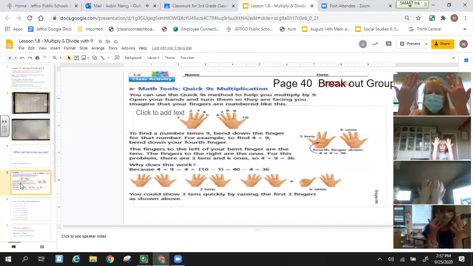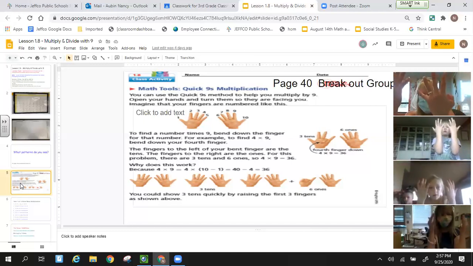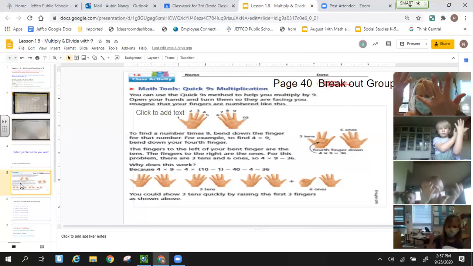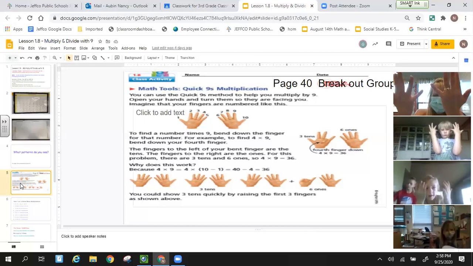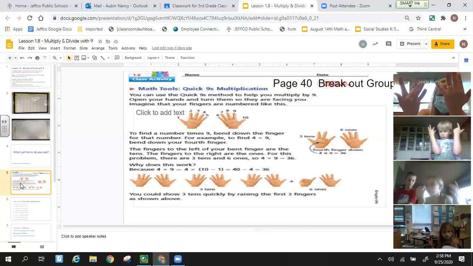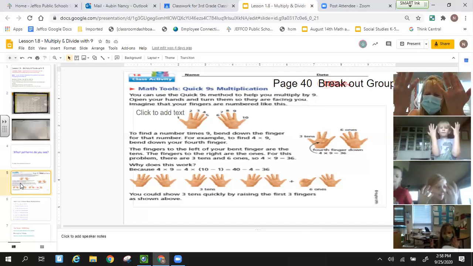Imagine that your fingers are numbered like this. This is 1. This is 2. This is 3, 4, 5, 6, 7, 8, 9, and 10. To find a number times 9, you bend down the finger for that number.